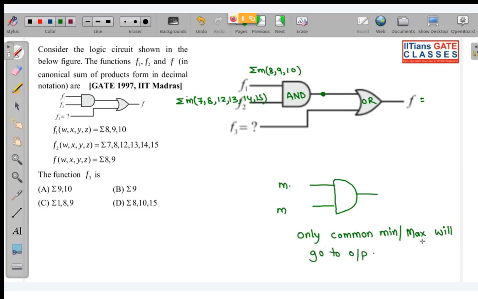Common input means common minterms and max terms of inputs will go to output.